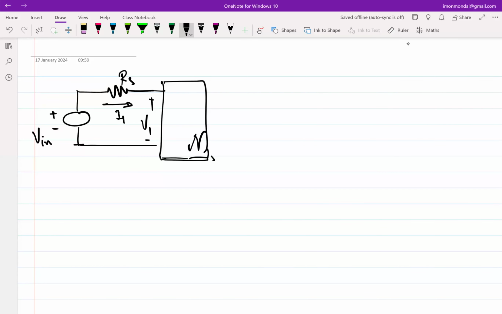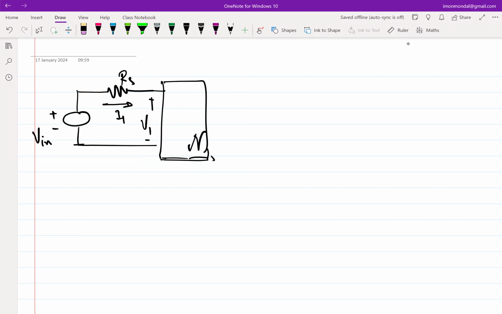So in order to do this, naturally I cannot do anything on this side. I should be doing everything on this side, because network N is not in our control. That is something that we should keep unchanged. Okay, so if that is the case, what is this current?